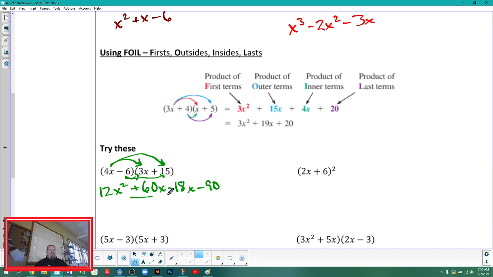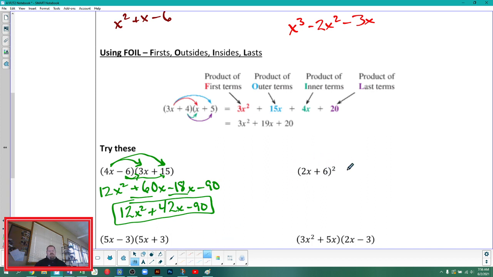I still have like terms right in the middle. I'll go ahead and combine those. I have 12x squared, 60 minus 18, how about 42? 42x and minus 90. And that's my answer. It's a little bit cleaner to use this FOIL process than it is to double distribute like we did in the first couple.